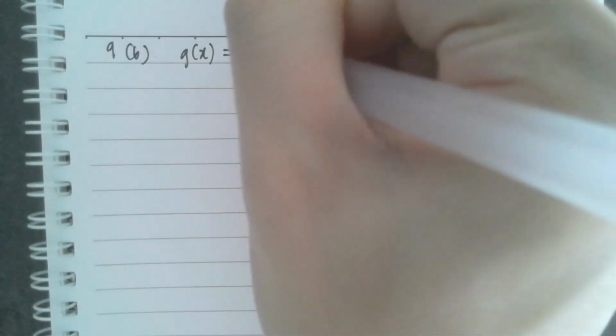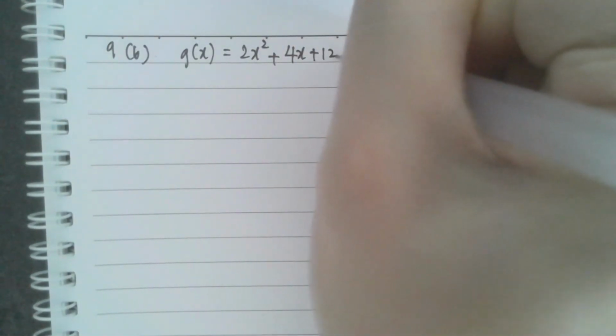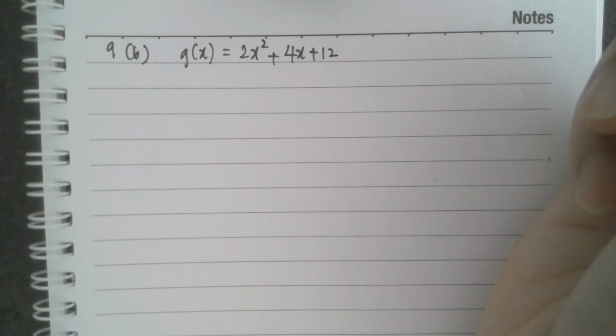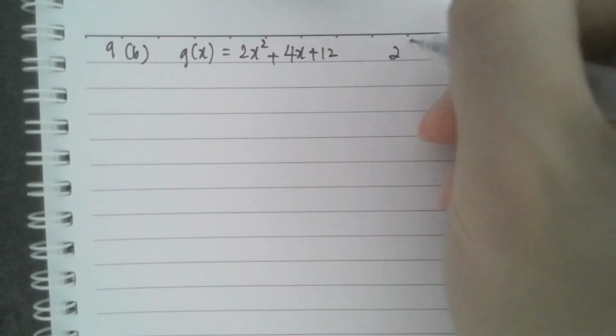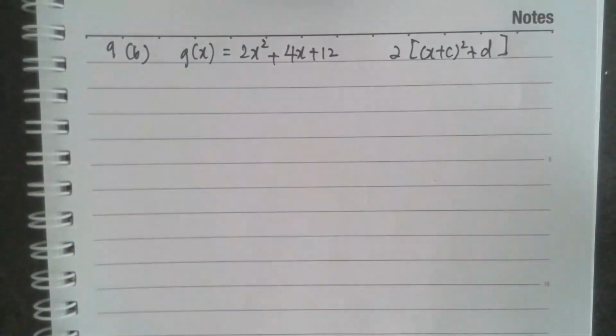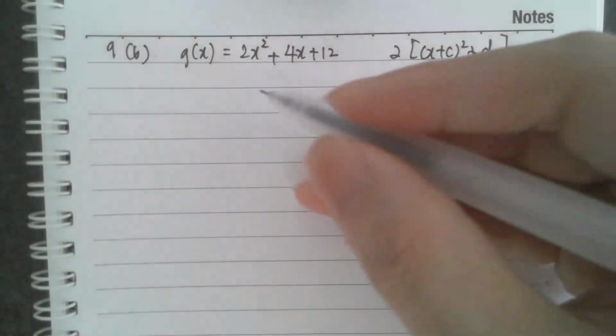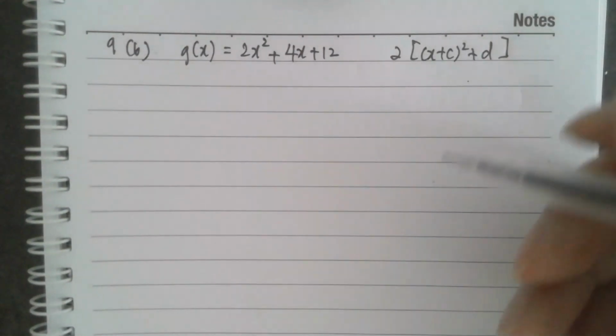You're given g(x) as this, and you're supposed to express g(x) in the form (2x plus c) squared plus d. Similarly, it's a completed square form. Again, you could expand this and make comparison, or I would just use the traditional way of completing the square.